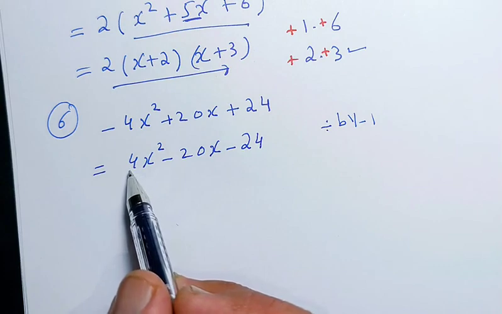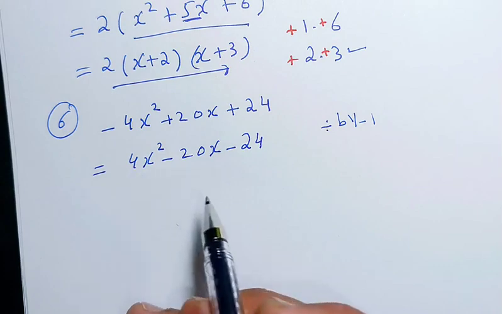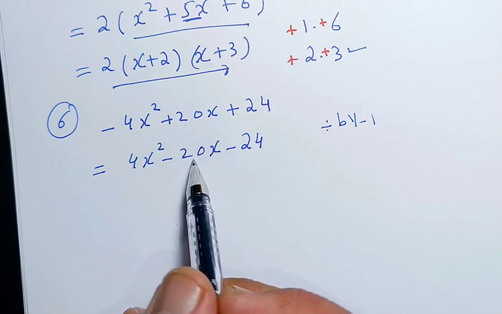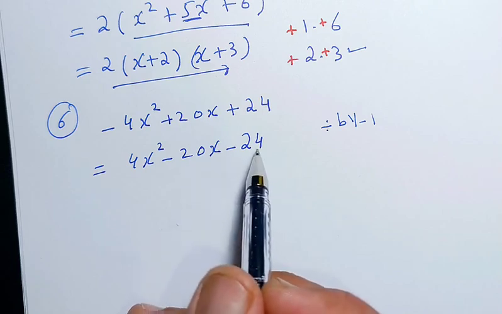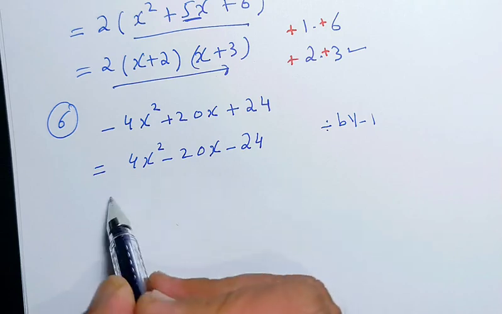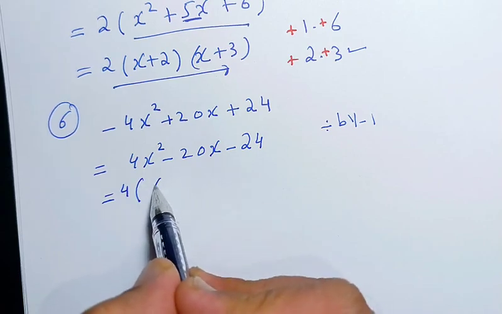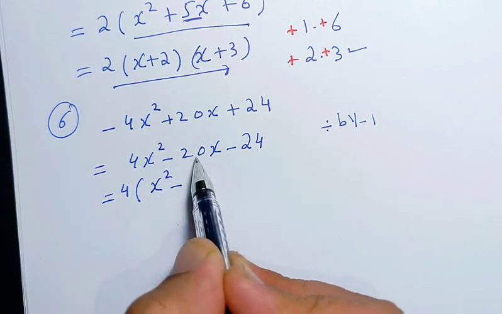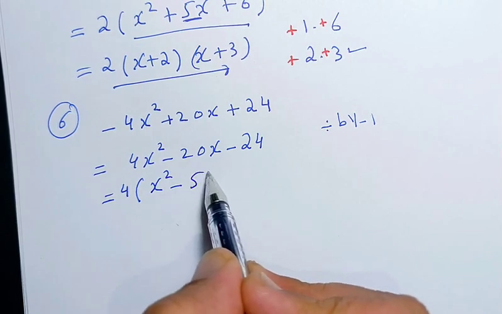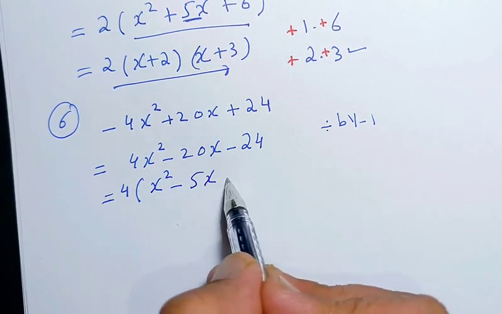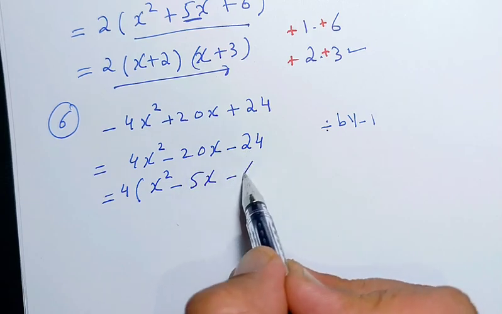Yes. The leading coefficient is 4. 20 can also divide by 4, and 24 as well can divide by 4. So 4 is my common factor. So what is left there? x squared, 20 divided by 4 is 5, and minus 24 divided by 4 is minus 6.